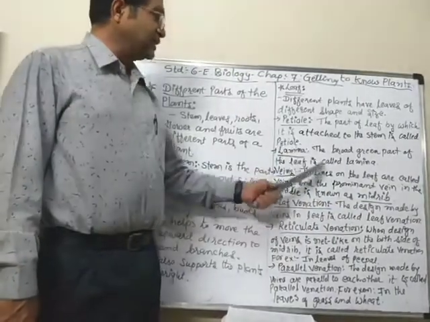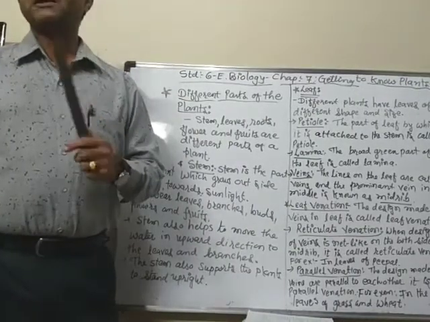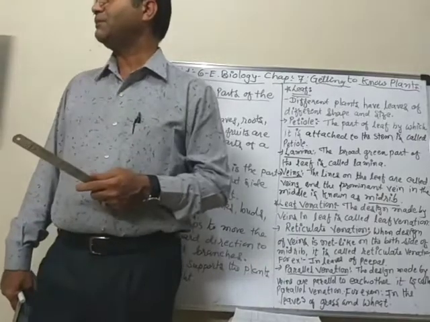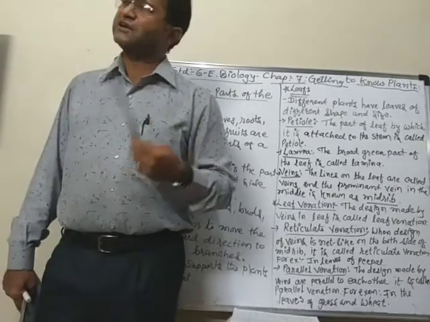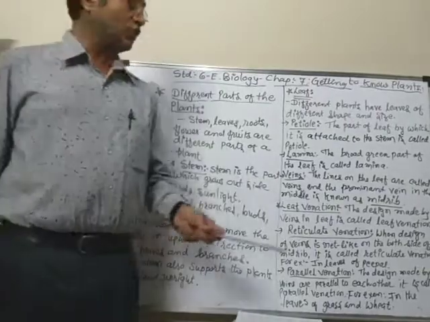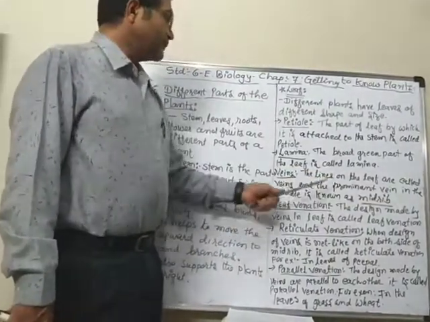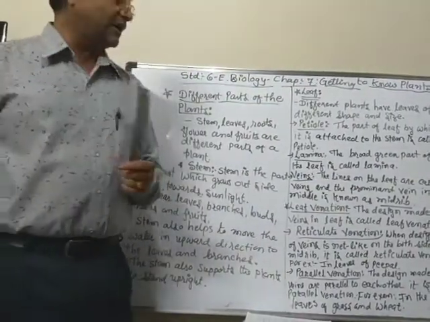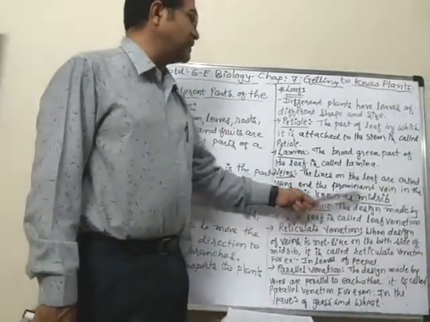So what is a vein? The lines on the leaf. If you look carefully, in some plants, like the peepal tree, you will see the veins very nicely. Generally they are in all leaves, but in some they are seen very clearly. Those lines are known as veins, and the prominent vein, the thicker vein in the middle of the leaf, is known as the midrib.